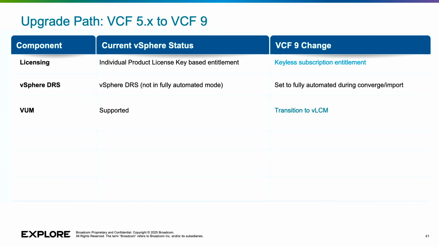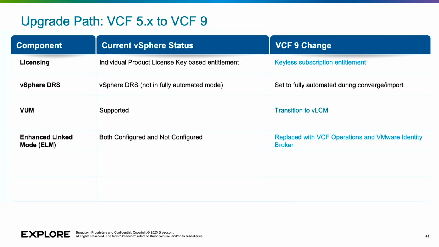WUM is supported in VCF 5, and as we mentioned, you need to move to VLCM or transition to that. We also have enhanced link mode. Now, the key thing is if you are using VCF and you have ELM configured, you can move that over to VCF 9. You don't have to break ELM if you're on VCF 5 to do that.